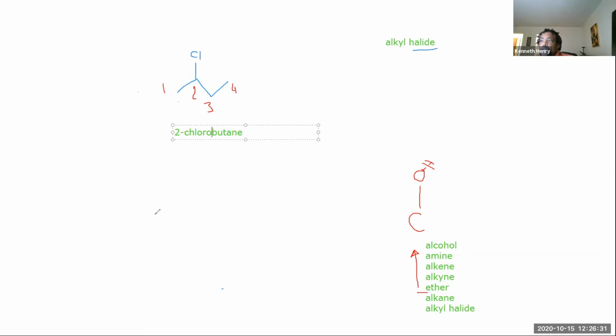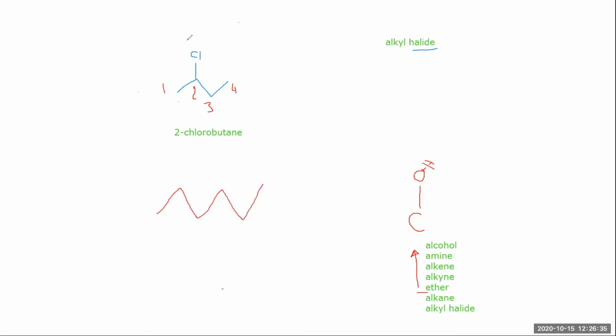What about this guy? Chloro is for the halide. You just put an O instead of saying chlorine, chloro. So there's a chlorine atom up top.